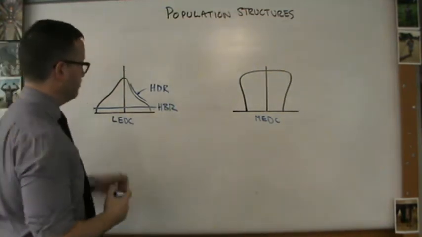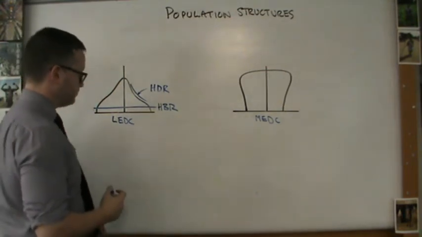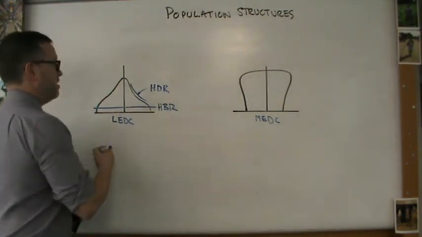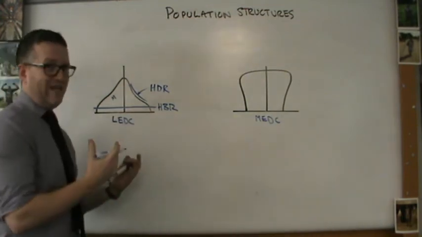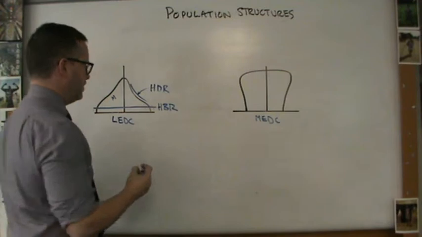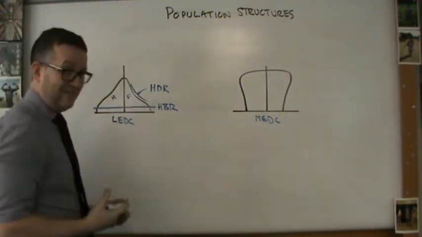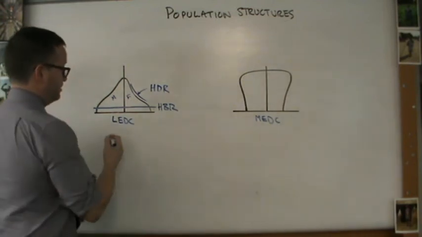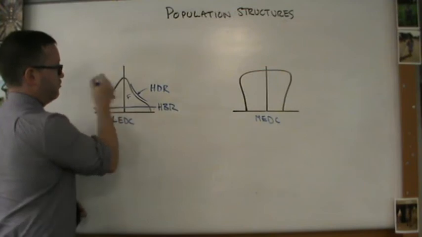You'll probably find that there is a lower life expectancy in LEDCs as well. You may also find that males, who are on the left-hand side of the graph, slightly outweigh females. In a stereotypical circumstance, that will be most likely true in the early years of birth, as it will be the case throughout the rest of the graph.